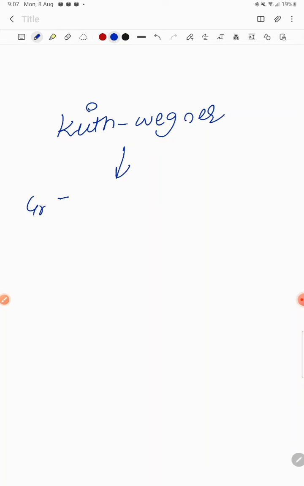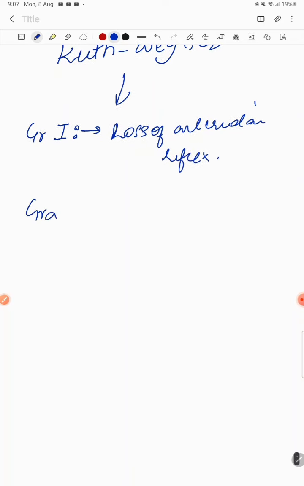In grade 1 hypertensive retinopathy, when I am examining through my ophthalmoscope, what will I see? Just a loss of arteriolar reflex. In grade 2 hypertensive retinopathy, I am going to see the AV crossing changes. What are those?